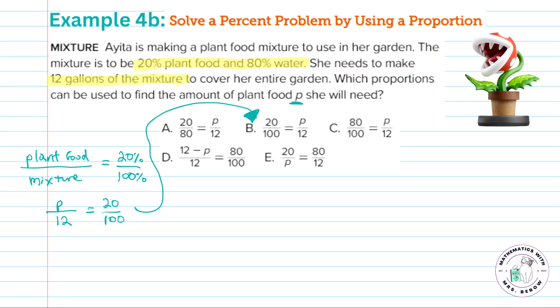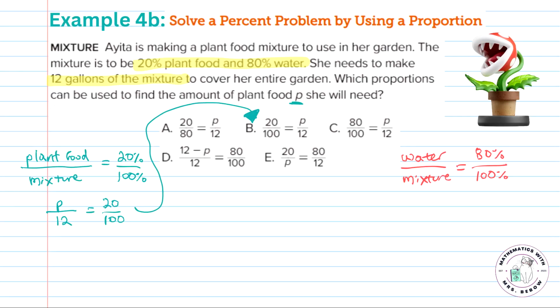The other way that we could think of this is the amount of water to the entire mixture. So if we take a look at that option, water over the mixture, the water now is 80% of the entire mixture, right? Which again, we'll use 100% to represent that because that's the entire piece. So the mixture is 100%, the water is 80% of that 100%.